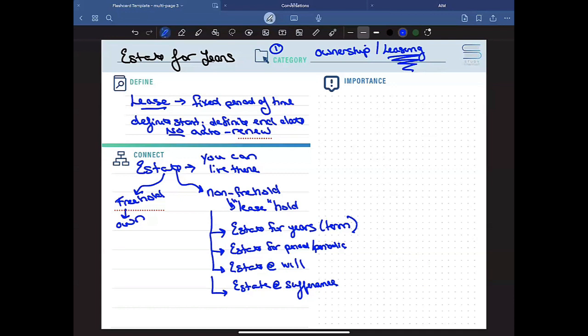And then you have an estate at sufferance. An estate at sufferance is when you had the right to be here. Notice this is the one that's not connected, and I did that for a reason. You were in an estate for years, an estate from period to period, or a periodic tenancy, it can be called, or an estate at will, and you're supposed to leave, but you don't.